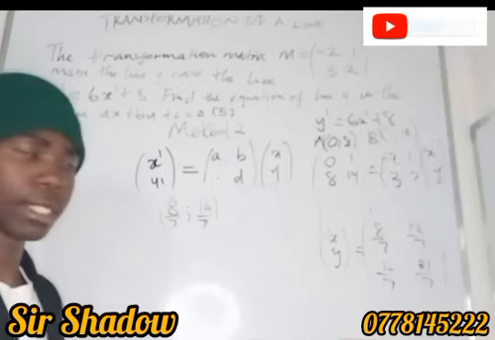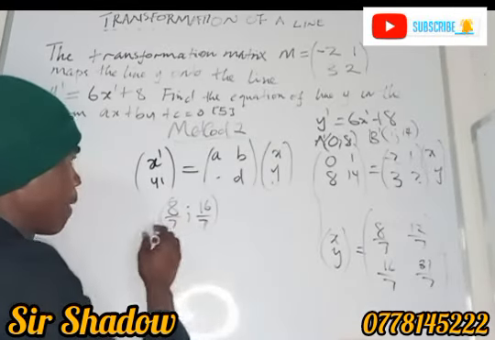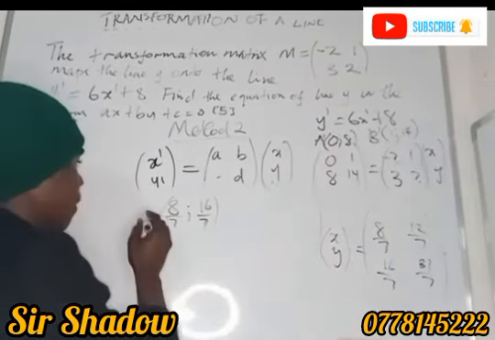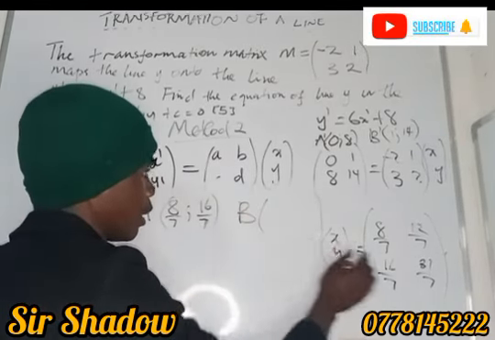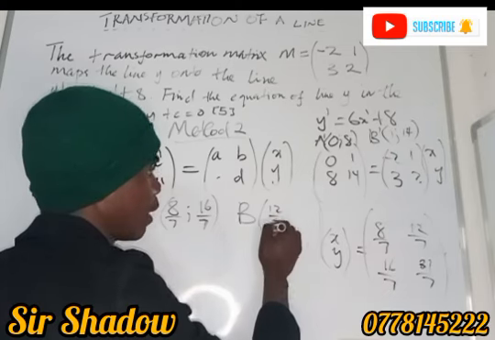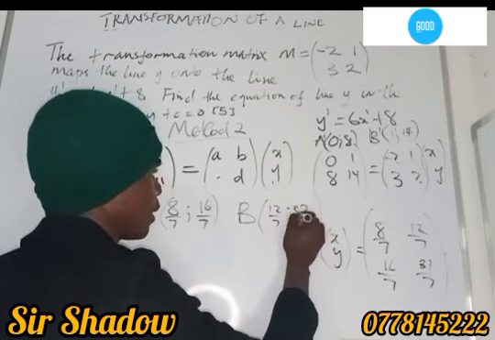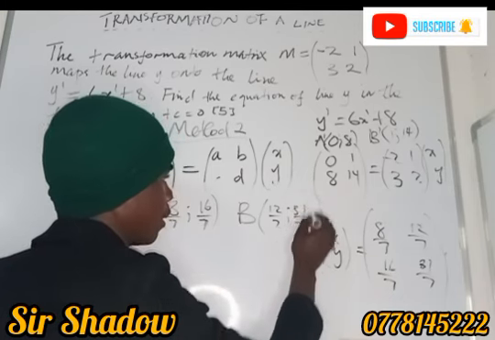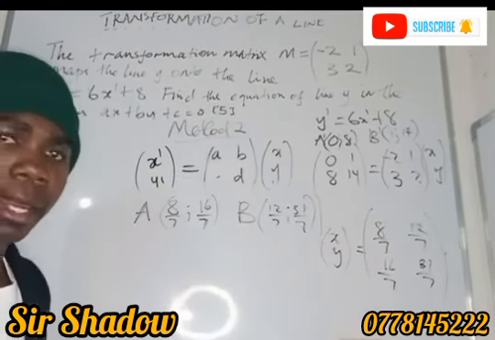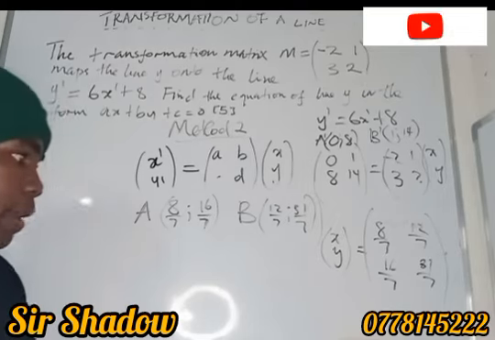These are the first coordinates. Then these are the coordinates of the image, remember. So these are the coordinates of the object. Then 12 over 7 and 31 over 7.